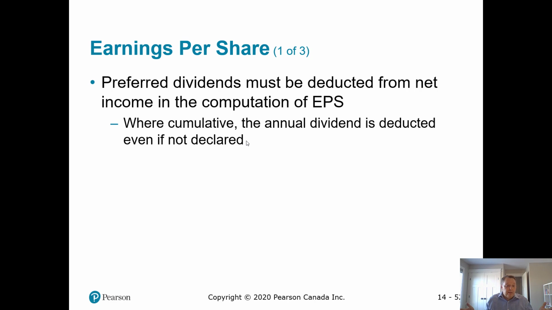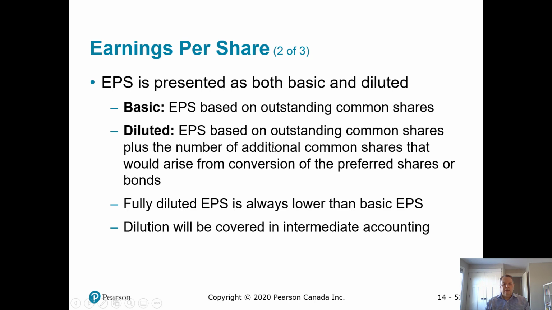In other words, you're going to have to pay it sooner or later, so keep it in the formula. If it's a non-cumulative preferred dividend, then you don't have to. It's all based on whether you did pay it or not. If you did pay it, well, of course, you're going to deduct it. If you didn't pay it and it's non-cumulative, then you don't need to record it.